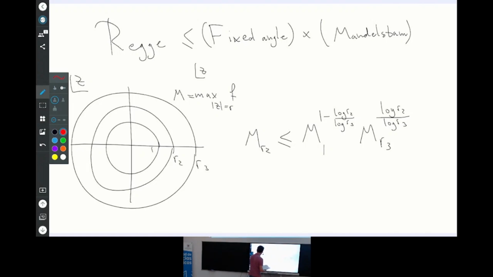And so this formula becomes: Regge is bounded by a product of fixed angle times Mandelstam.